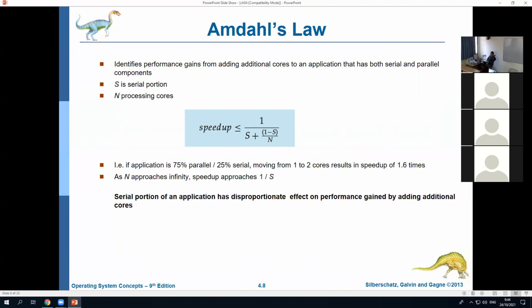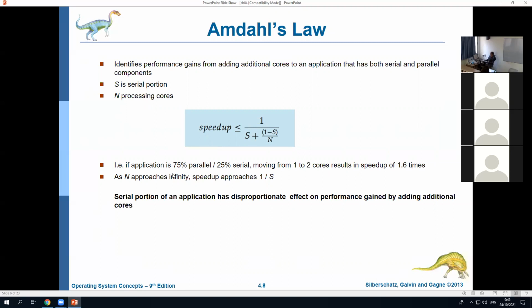So it's now going to be 25 plus half of 75. It's 37.5, so 1 over 0.625, whatever, you have to do the math. But it comes out to be a speedup of 1.6 times. In other words, it's not going to be twice as fast.